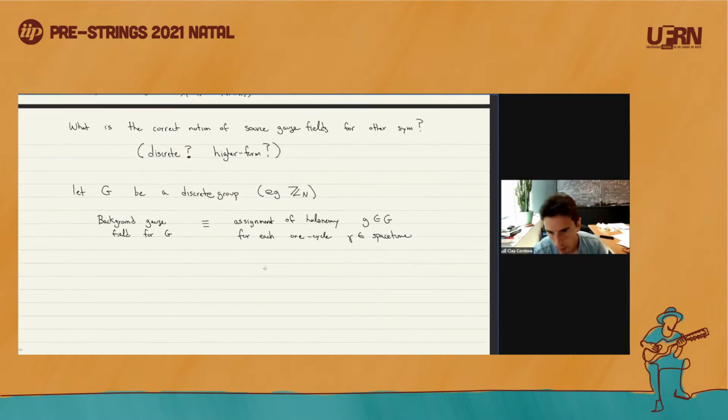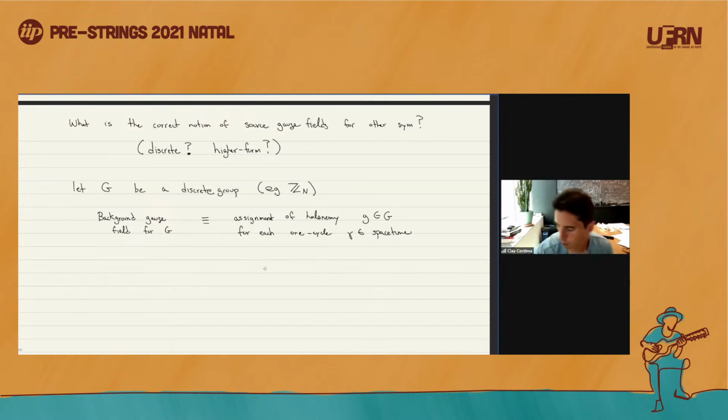So mathematically, we could say that the gauge equivalence classes, let's call it square bracket A, this is an element of a cohomology group. So this is space-time.